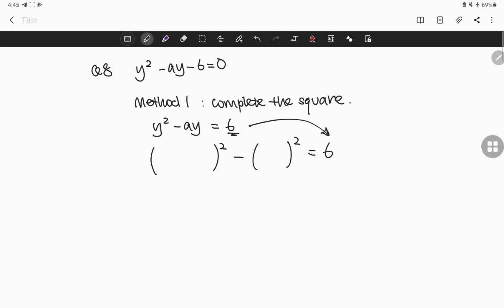Okay? And since this is in terms of y, I will have y here. Next, let's look at the coefficient of y. It is a. So we just need to subtract a over 2 and a over 2 in here as well.